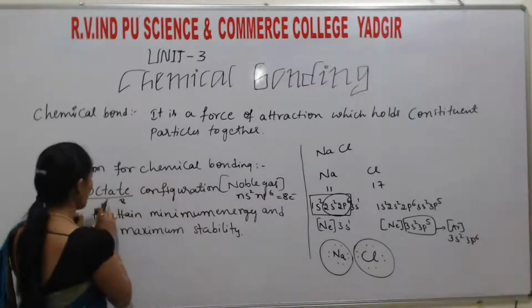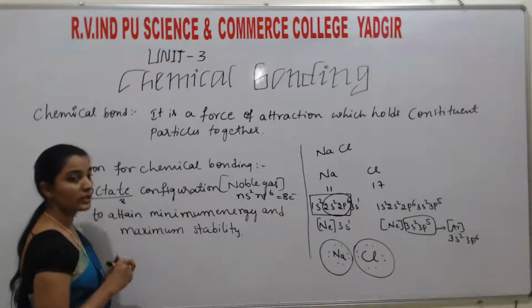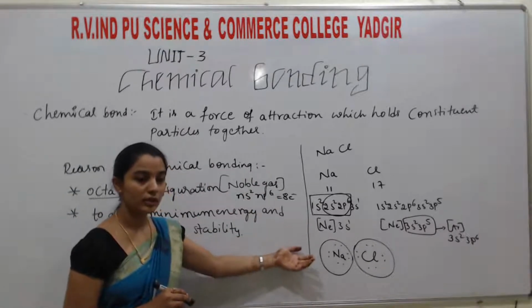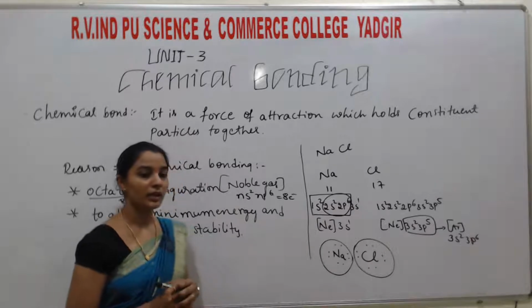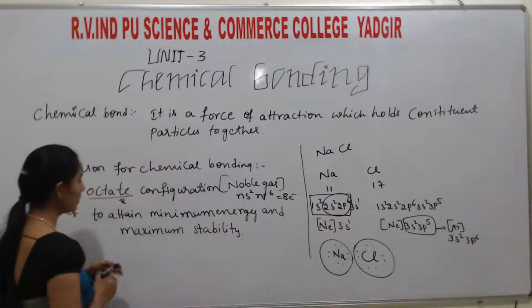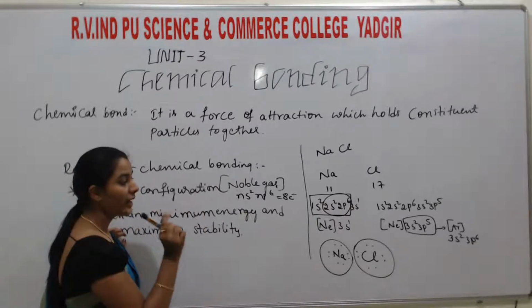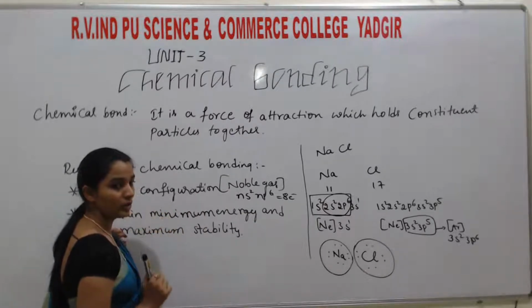That is what? Octet configuration. So each and every atom wants to form a chemical bond with another atom to attain octet configuration. Octet means an 8-electron system around the atom.